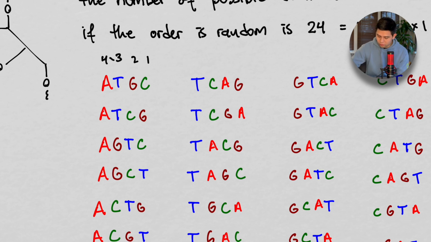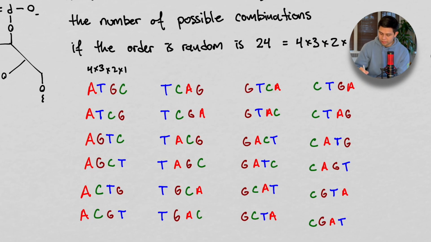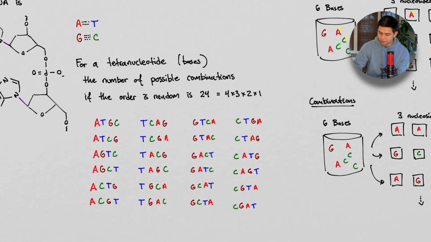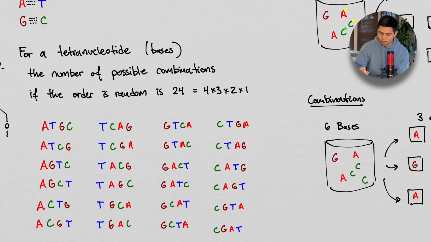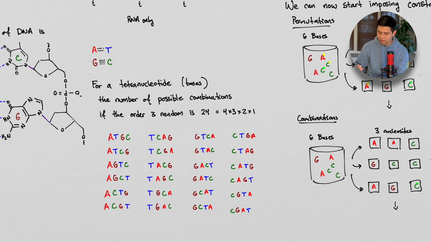When we multiply all this together, that gives us 4 factorial, or 24, right? 4 times 3 is 12. Times 2 is 24. Times 1 is 24. So these are all the possible permutations we can have if we only are looking at 4 different nucleotides.